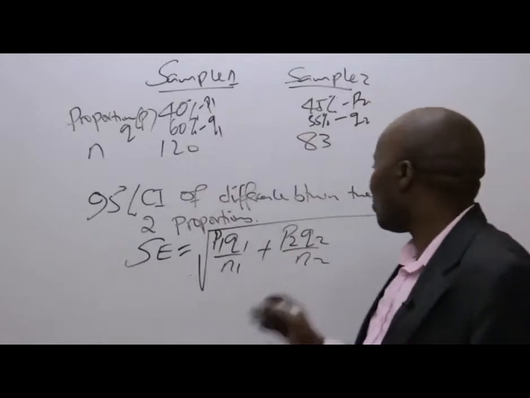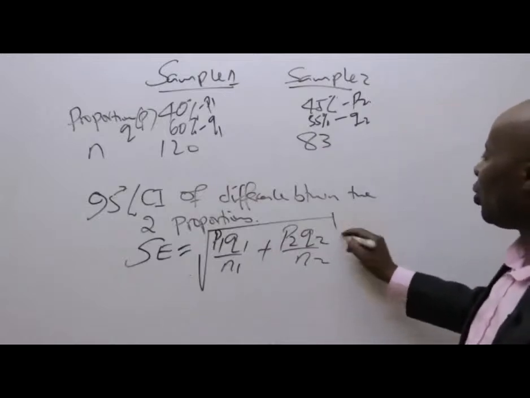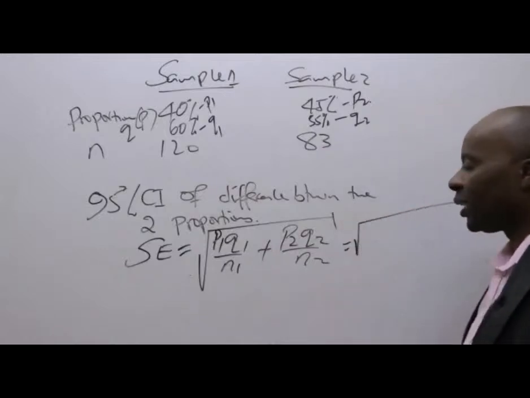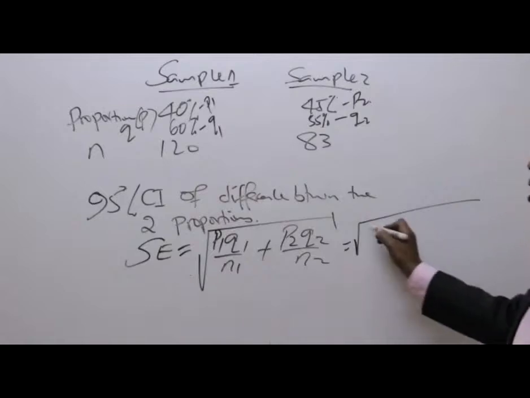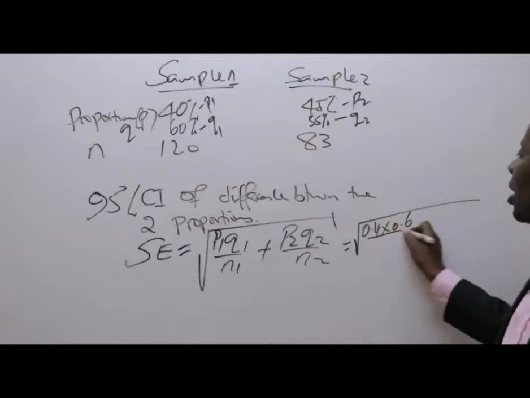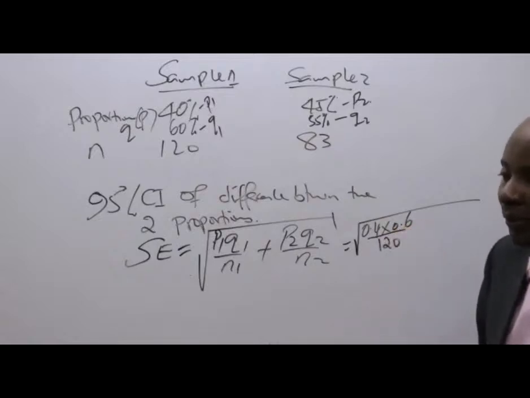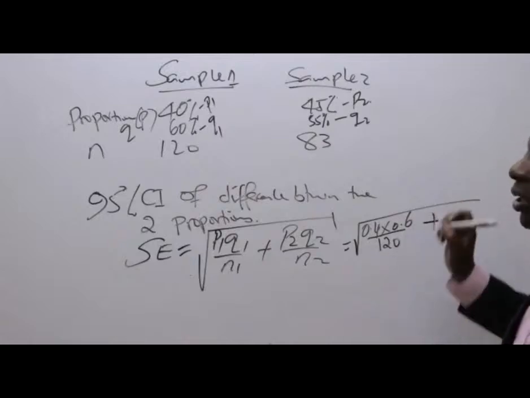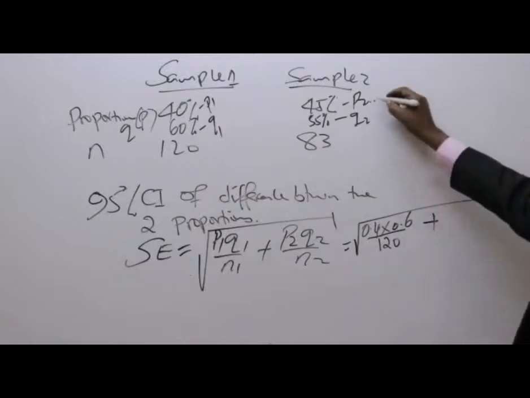Come right away here and do your substitution beneath this. We have P1 is 0.4 times Q1, which is 0.6, all over N, which is 120, plus the second one, P2 Q2.